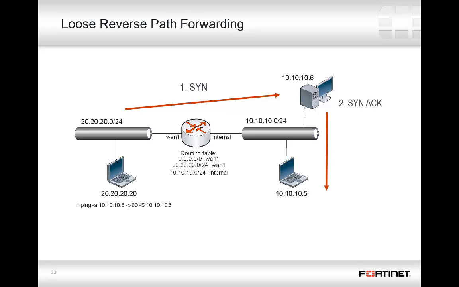What would happen next is that 10.10.10.6 would send the SYN-ACK packet to the real device with the IP address of 10.10.10.5. But since 10.10.10.5 is not expecting a SYN-ACK packet because it had not previously sent any SYN packet to .6, it will reply with a TCP reset packet.